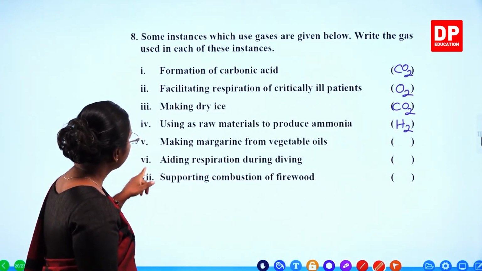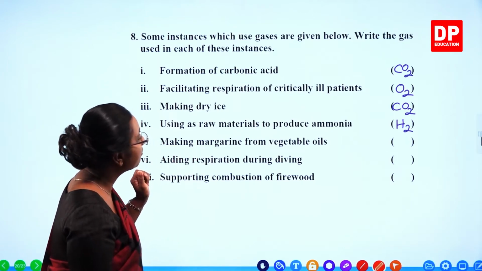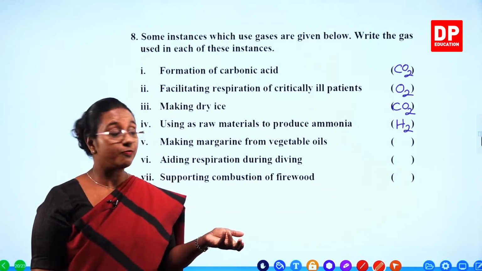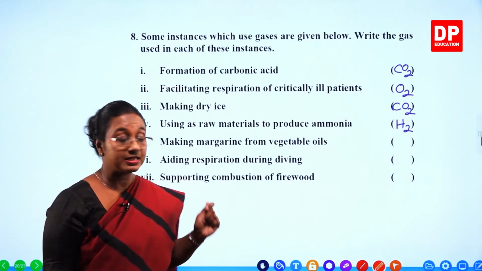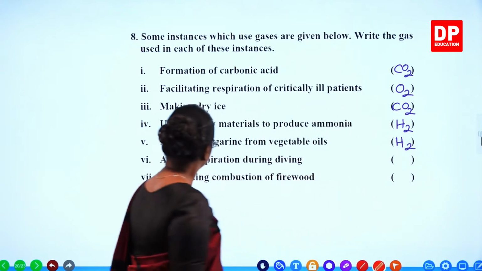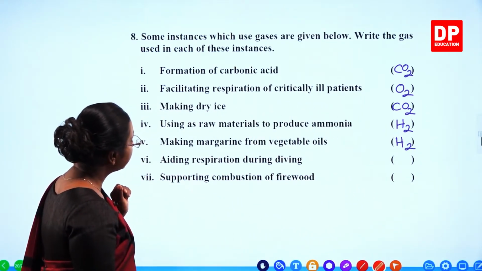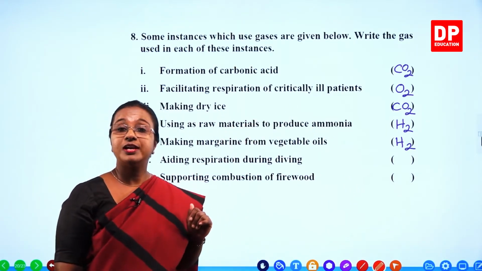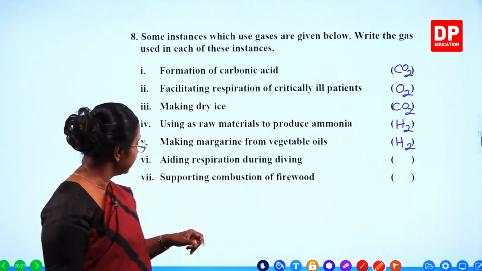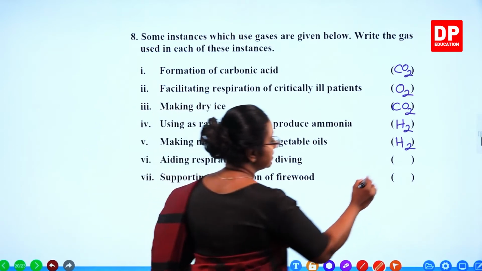Then the fifth one, making margarine from vegetable oils. So in the manufacture of margarine, we use hydrogen gas. That is a use of hydrogen gas. Then aiding respiration during diving. Already I told you all, deep sea divers usually take oxygen cylinders. So that is oxygen gas.